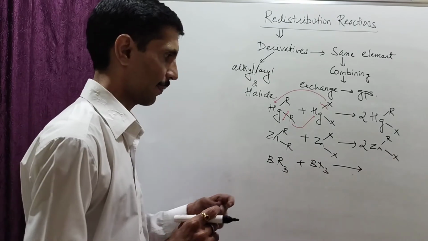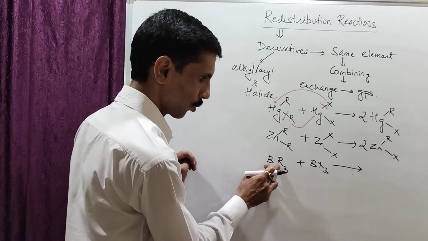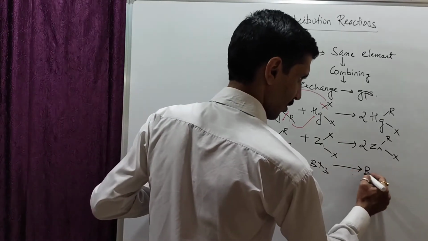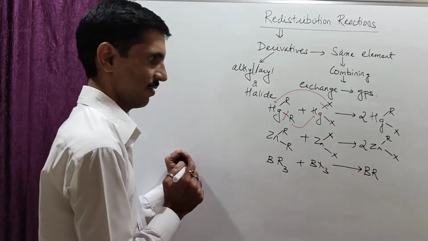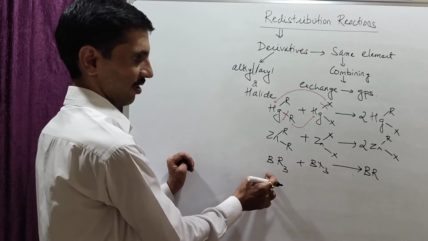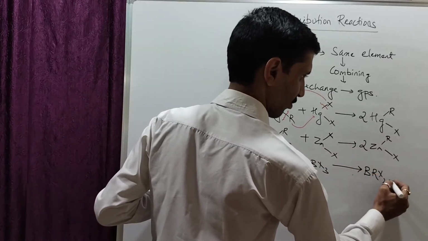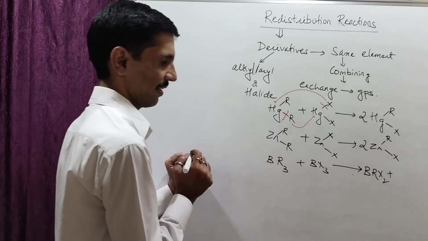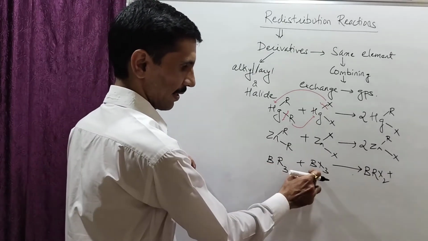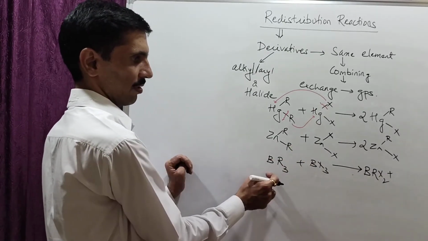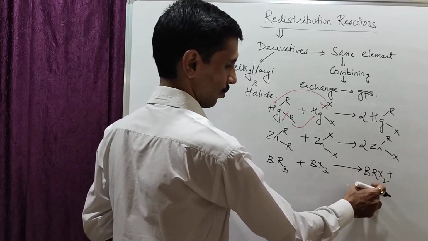Okay? So see what happens: when the 2R group goes off, only one remains, and the 2X is going to come from this side. So I get BRX2. You understand this? The 2R going over here and the 2X coming on this side. So we have BRX2 plus.